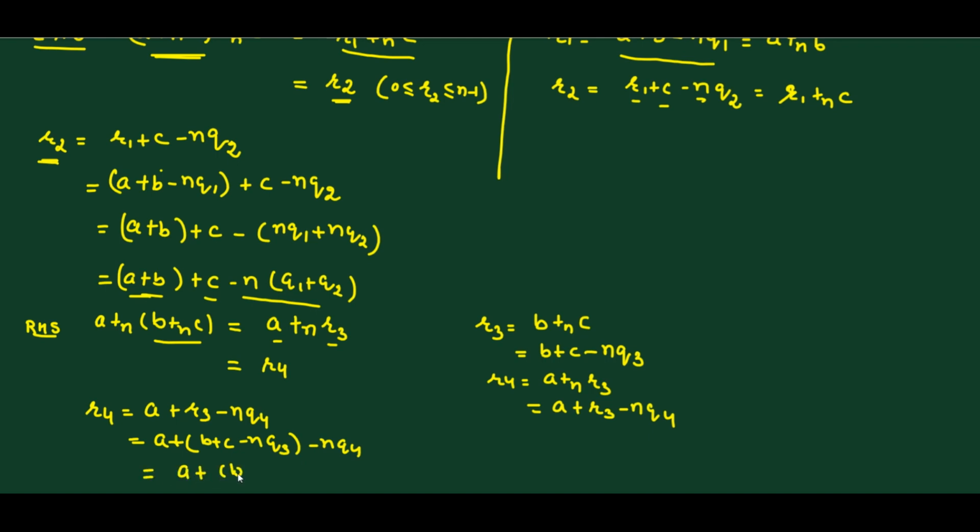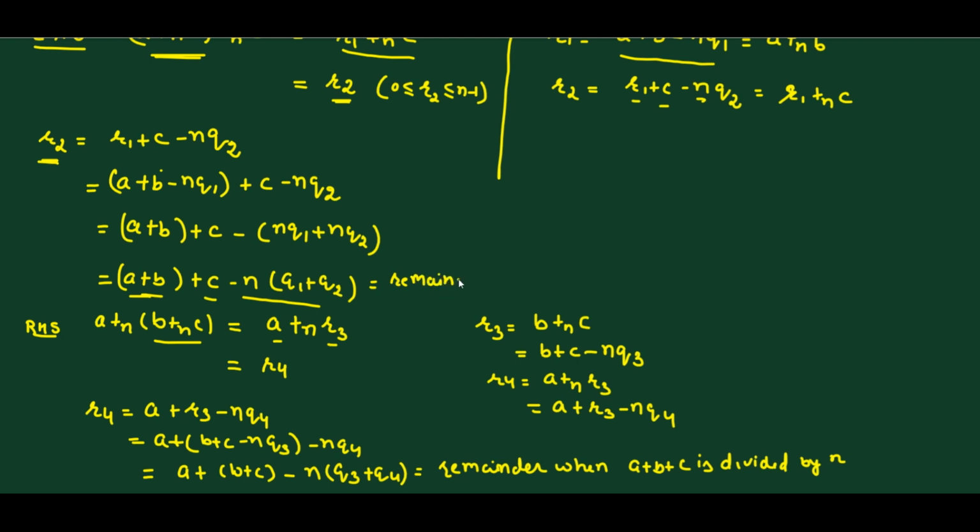A plus B plus C minus N times Q3 plus Q4. So you can write here that this is the remainder when A plus B plus C is divided by N.